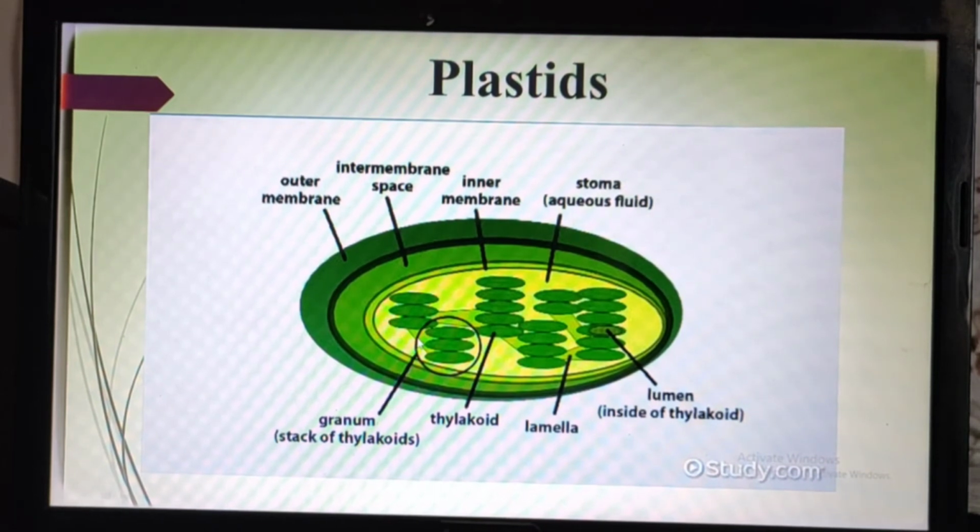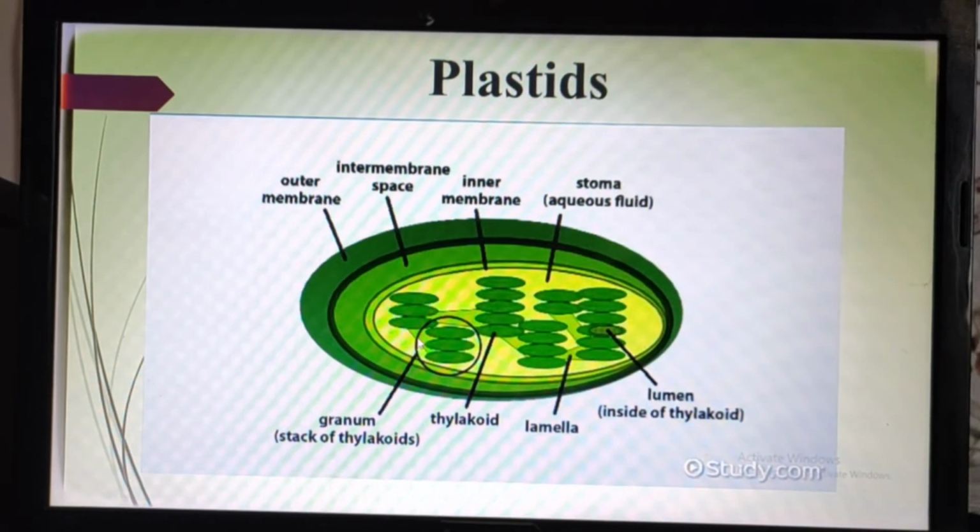Basically, there are various types of microscopes, and the light microscope has a particular function. That means it is used to observe large images, large samples or large organelles. So this plastid can be observed under the light microscope. It is very easily visible under a light microscope.